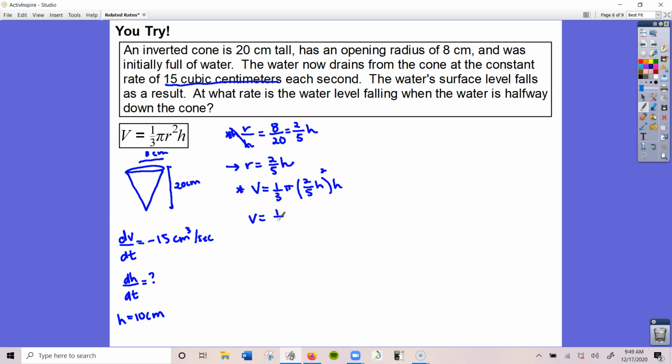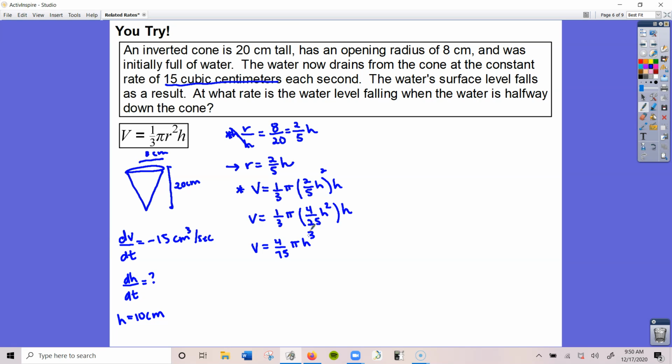So V is equal to 1/3 pi times 4/25 h squared times h. The whole point was to simplify, so I can multiply this 1/3 with the 4/25, which gives me 4/75 pi h to the third.